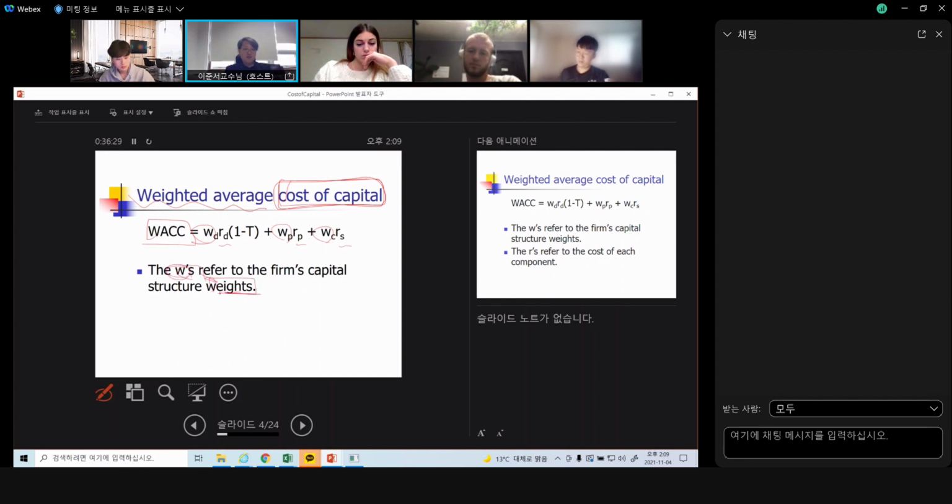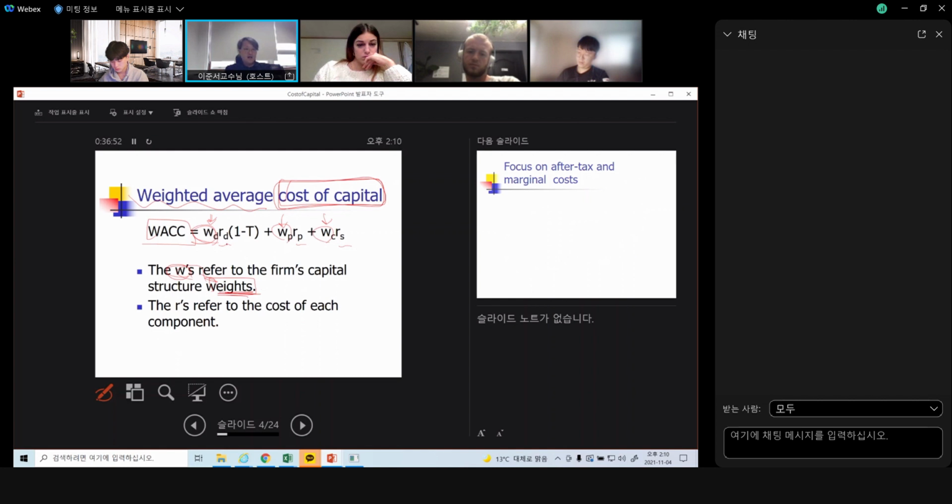W means the weight of the amount we raise by using debt, the weight by using preferred stock, and the weight by using common equity. And R means the cost of each component: the cost of debt, the cost of preferred stock, and the cost of common equity, the cost of common stock.